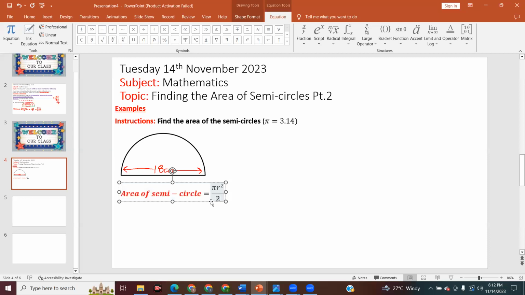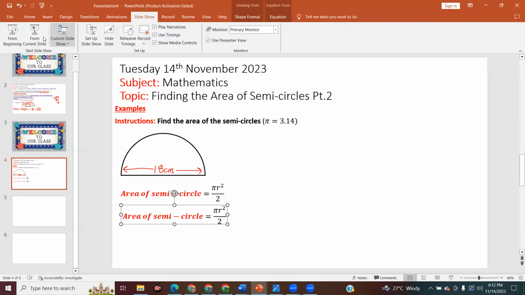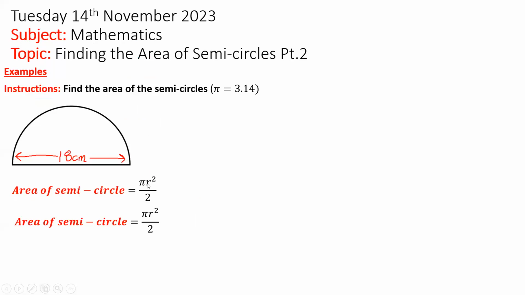Now it's very important that we remember what we're looking for. R in this formula, what does R mean? R refers to the radius. And what is the radius in this case? It's 9. The radius is, you said 18?